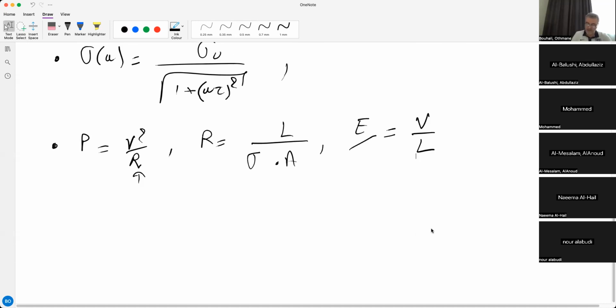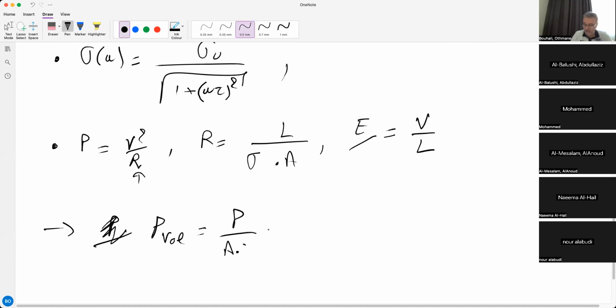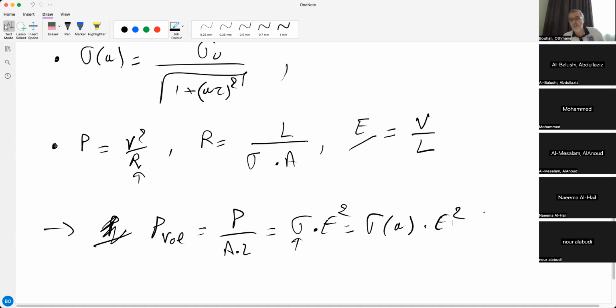And we have demonstrated that when we apply all of this, we obtain what we call the volume power, which is the power divided by the volume, which is equal to sigma E squared. Now, sigma obviously is sigma of omega, because sigma now is changing as a function of the frequency.